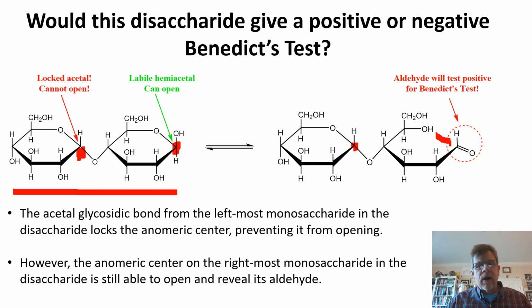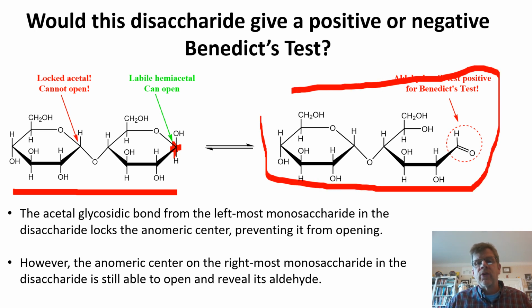I guess the real rub here is that when we look at the disaccharide, it is obvious there's no aldehyde there. However, we realize that we have a labile hemiacetal site here, which will open up to show its aldehyde, and thus give a positive Benedict's test.